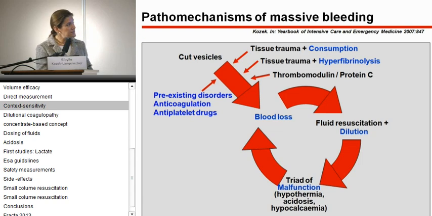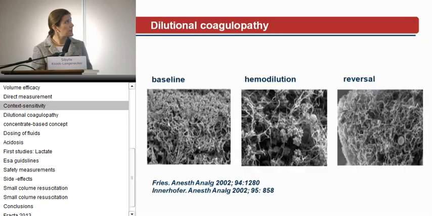So when it comes to massive or severe bleeding, then this shock situation may evolve. But the pathomechanisms that may further aggravate ongoing bleeding are manifold. And when we resuscitate our patients via infusion therapy, then another pathomechanism of bleeding may become relevant and aggravate the situation. This is dilutional coagulopathy.